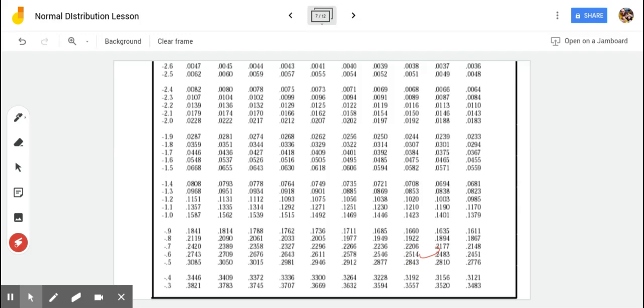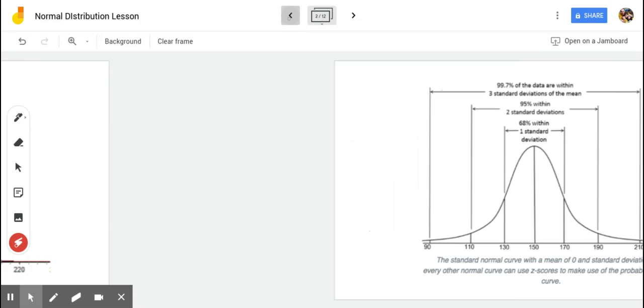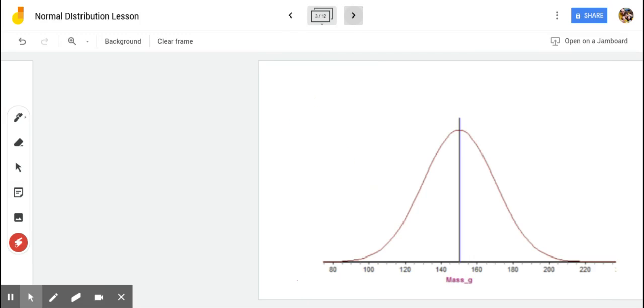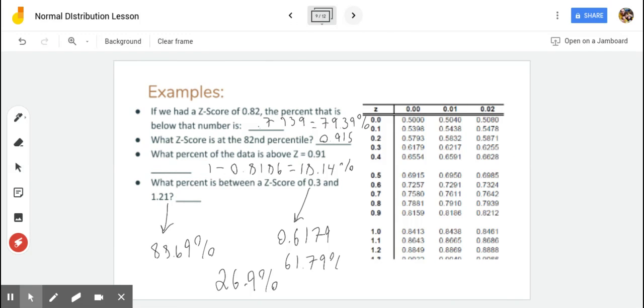I did that in this example back here. Remember, the 82nd percentile was right in the middle of 2, so we use 0.915 because it's right in the middle. So you could do that too.